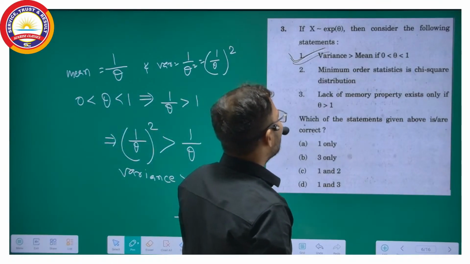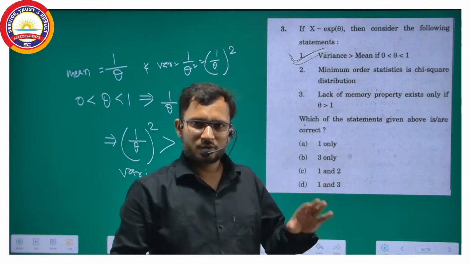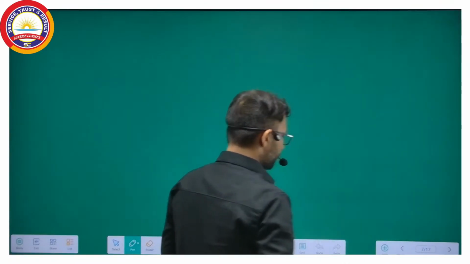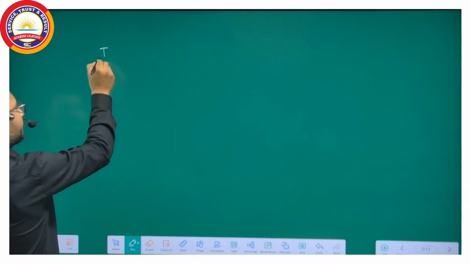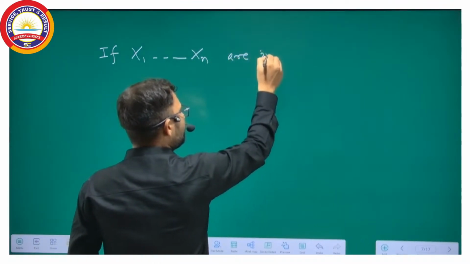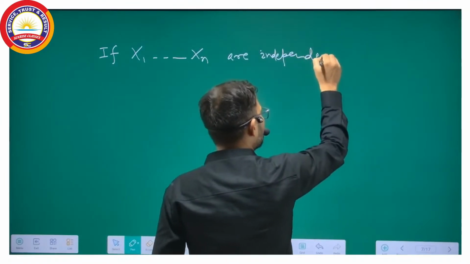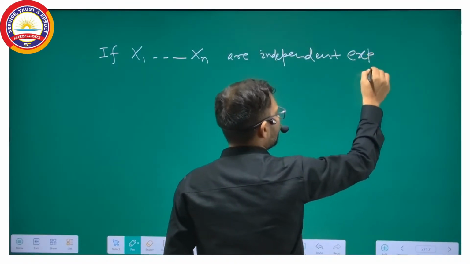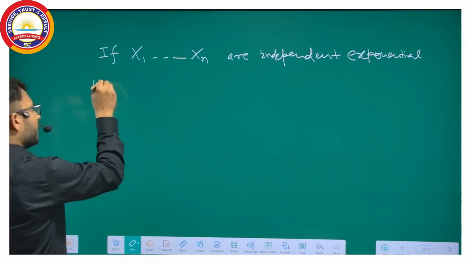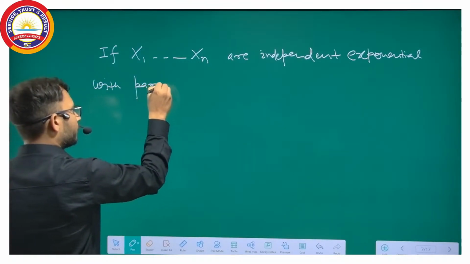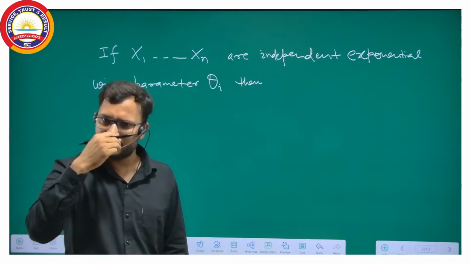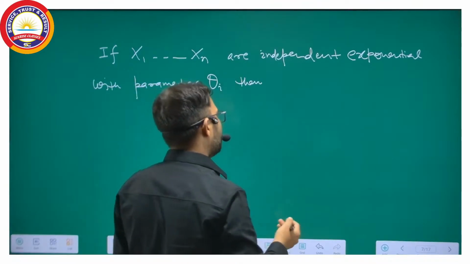So if you say what is the minimum order statistic, we have taught you in our classes that if X1, X2, ..., Xn are independent exponential with parameter theta i, then this was the result that I have already given you in the notes and in the classes as well.